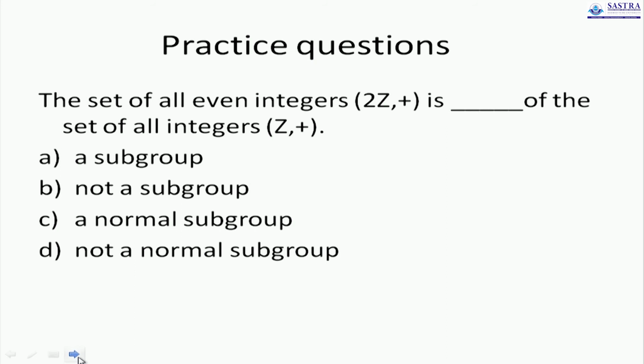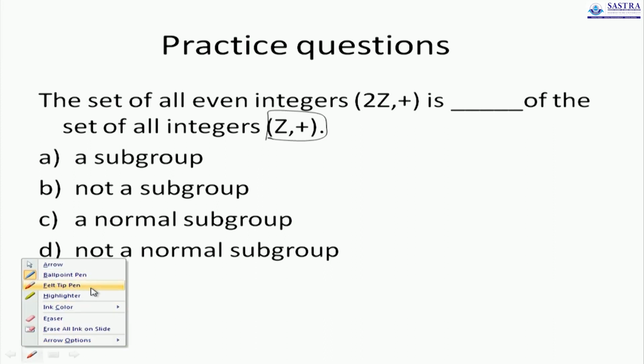Alright. Now we are looking at the set of all even integers under addition, 2Z plus. Is it a subgroup, not a subgroup, a normal subgroup, not a normal subgroup of the set of all integers? Obviously we have already seen this example a lot of times, because when you are adding even numbers you will obviously get even numbers back.